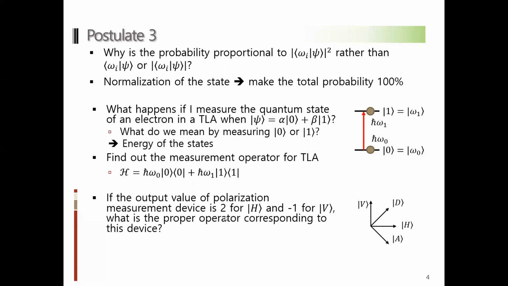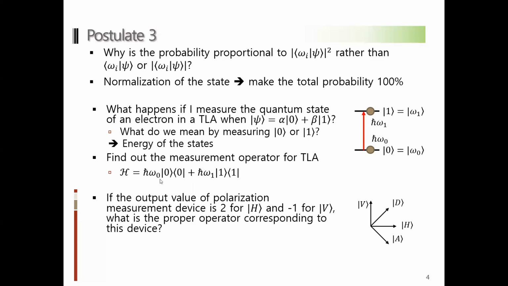So let's assume that we have some kind of measurement device which will produce the output 2 if you measure a horizontally polarized photon, and the output value will be -1 if you measure vertically polarized light. Then what is the proper operator representing such a device?